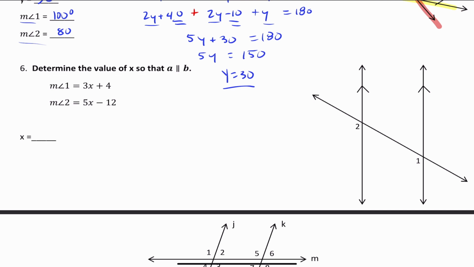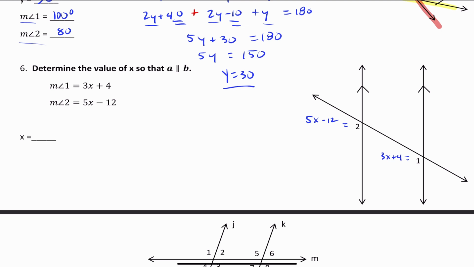But when you get to the proofs, you have to know the difference between the original theorems versus the converse theorems. So angles 1 and 2. The measure of angle 1 is 3x plus 4, and the measure of angle 2 is 5x minus 12. I have these lines cut by a transversal. If I compare this region to this region, if I were standing at 2, you'd be standing at 1.